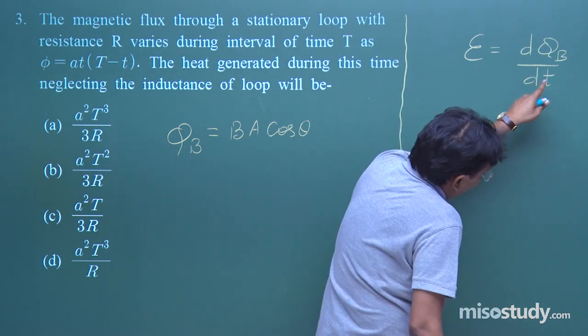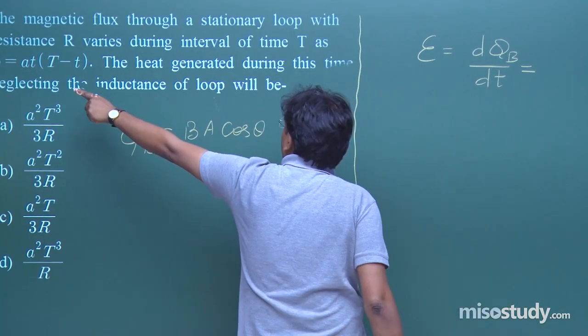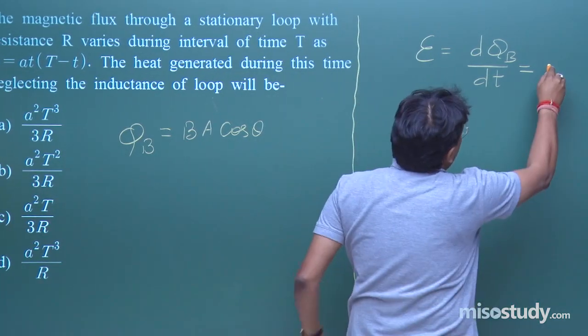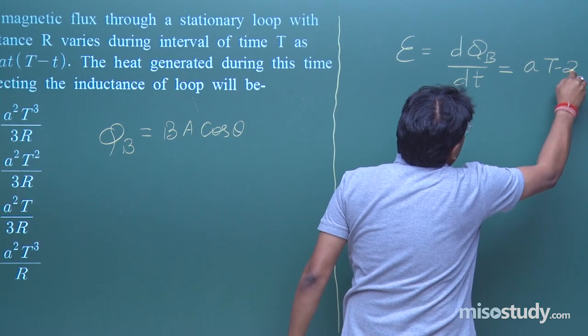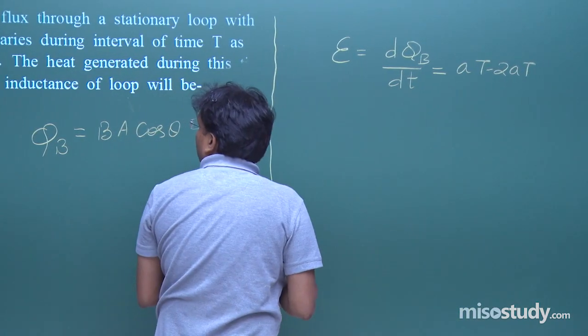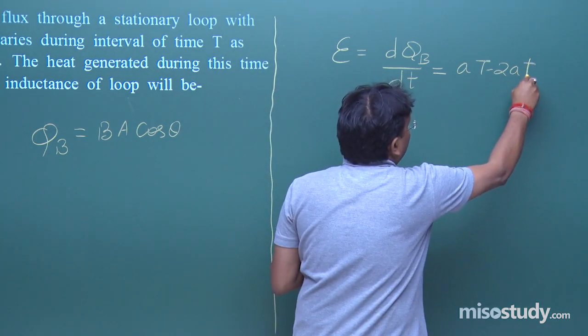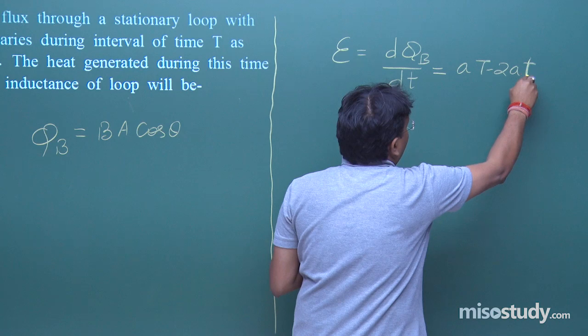So after differentiation I can write it as AT minus 2AT, small t, rather than capital T.